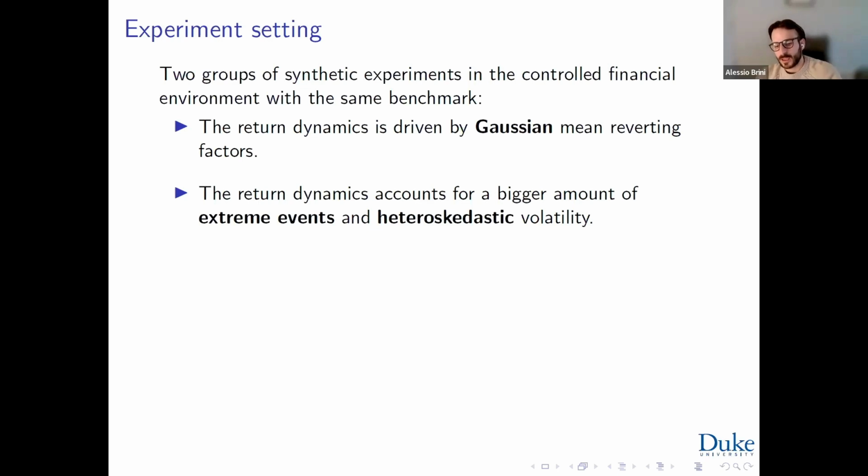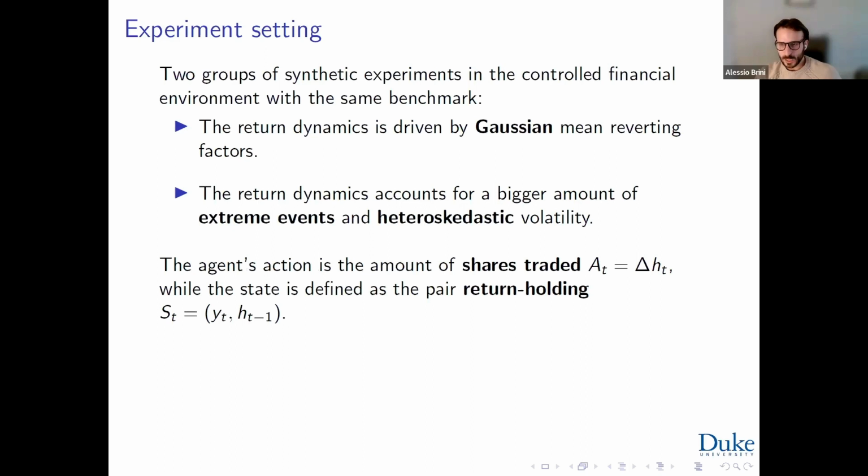It's like saying that we are trying to frame the problem in a more supervised setting where we know the answer, but the RL agent doesn't know, and we are able to assess how good it's performing. So in our simplified setting, the action is the amount of shares traded over time. I'm presenting here examples with just one single asset. So it's the amount of shares traded of the single asset.